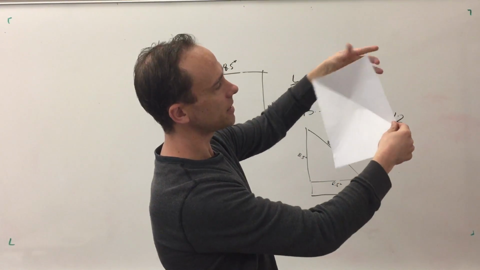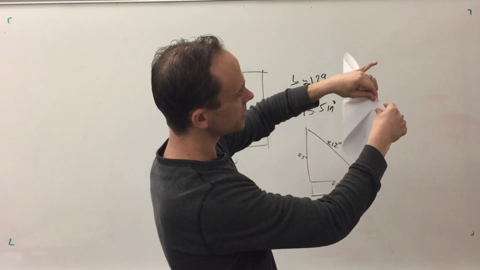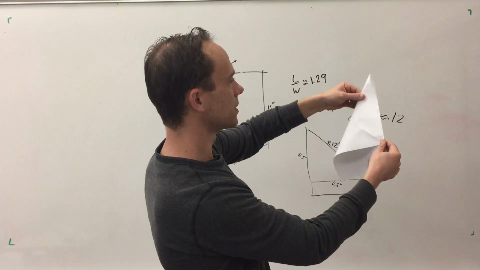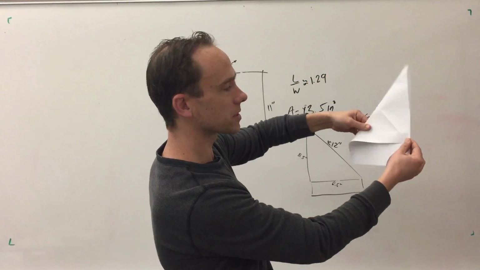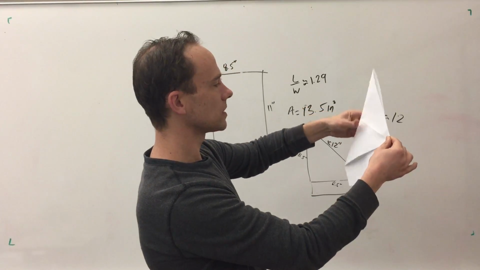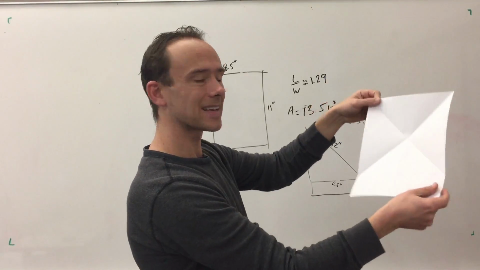So we're going to go to this angle up here and take this vertex and fold it over to the other side, like so. We're going to do another valley fold, so it's going to fold towards us. Great. Then we open it up, and you should have something that looks like this.